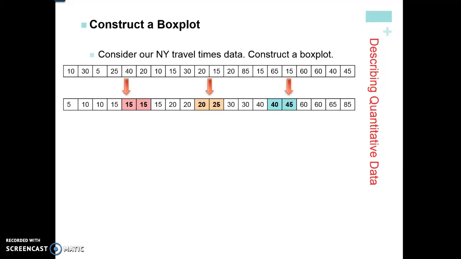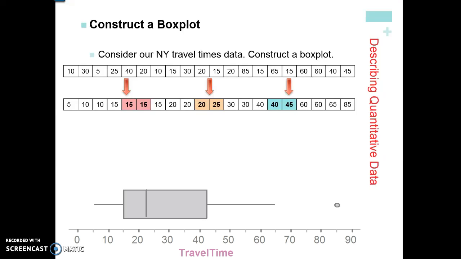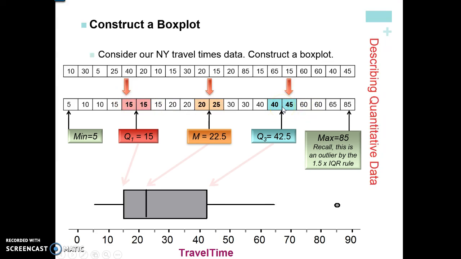All right, so let's take a look at this one. Our New York travel times data. So we put it in order from least to greatest. We have our minimum, our maximum, our median, our quartile 1, and our quartile 3. All right, we all have those calculations. Notice my minimum is down here. Here's my quartile 1.